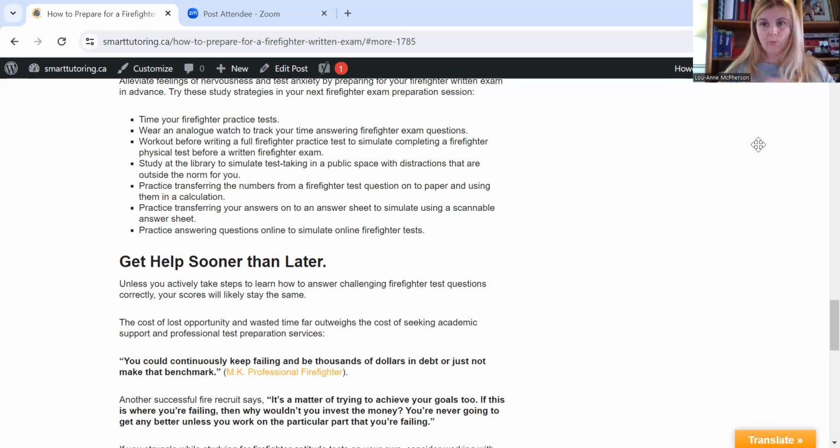You could be in a big center writing with hundreds of people. So to combat that, I want you to just go to the library and I want you to work. You can scale it back if you're a nervous type of person. So first of all, start working in the library, because working in public is going to give you distraction anyway.